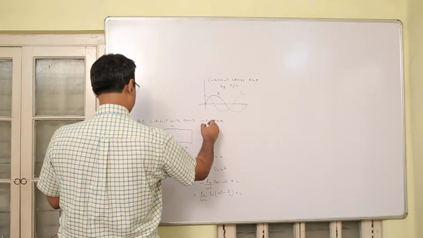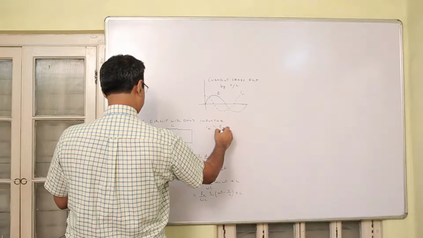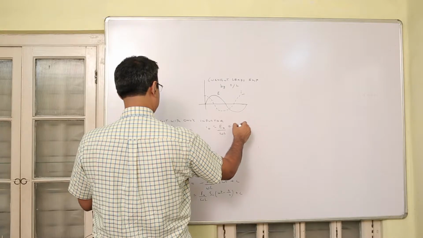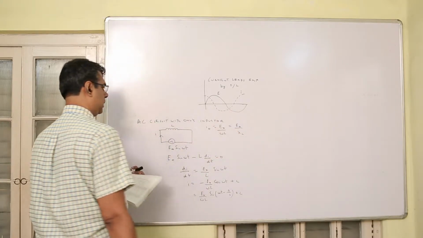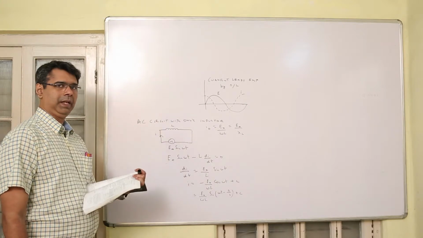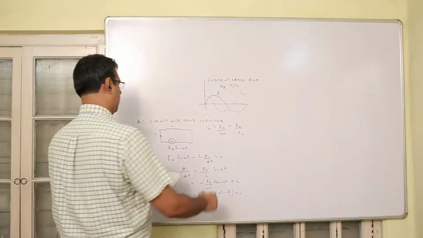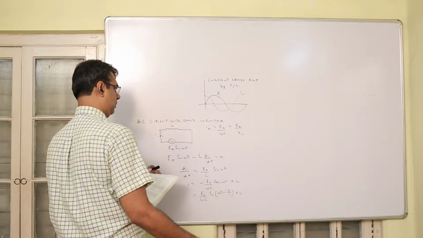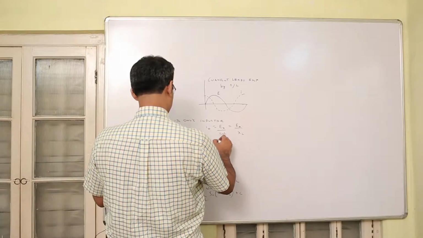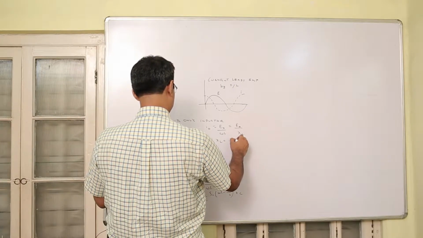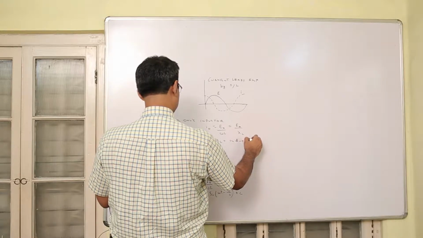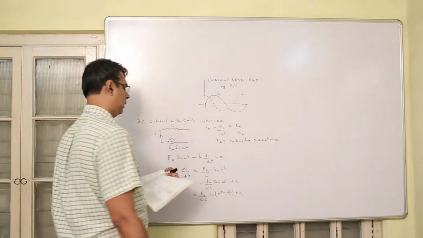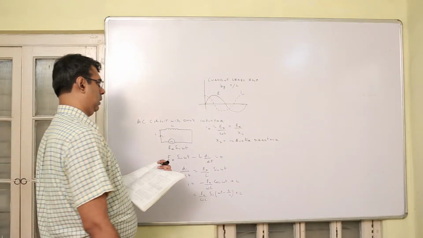This E0 by omega L we can call the peak current or current amplitude, and once again you will notice that E0 has the same dimensions as voltage. I0 unit is current, so XL, the unit will be the same as resistance, that is ohms. So XL is called the inductive reactance of the circuit, right?